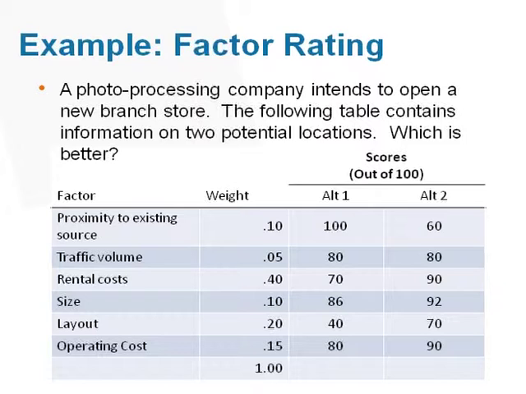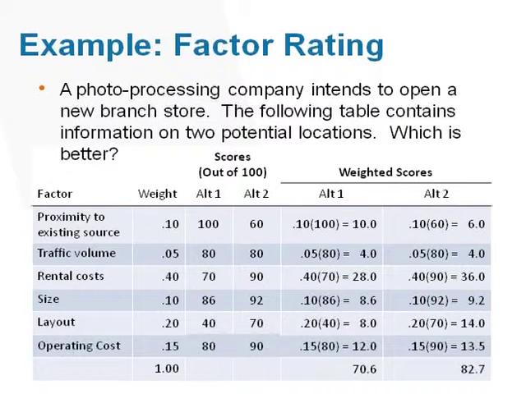Then you have to evaluate each location by each factor and then give a score to each alternative. And then multiply the weight with the score and sum up the composite score for each alternative.